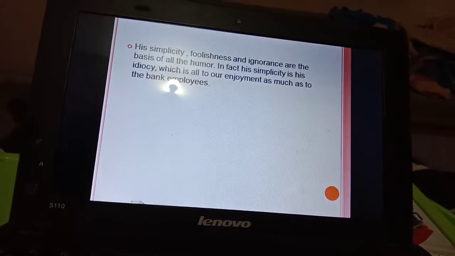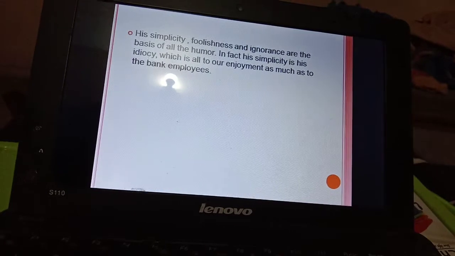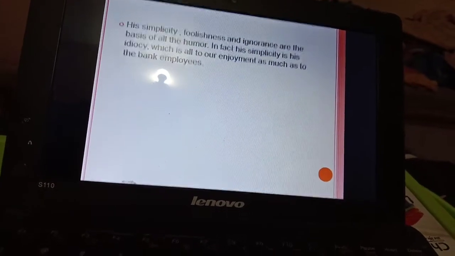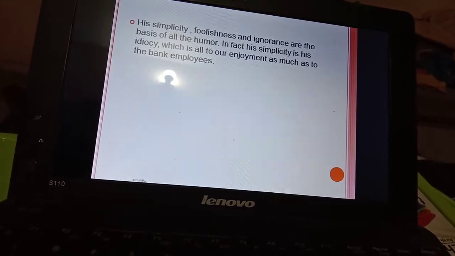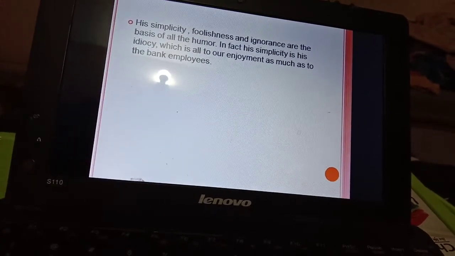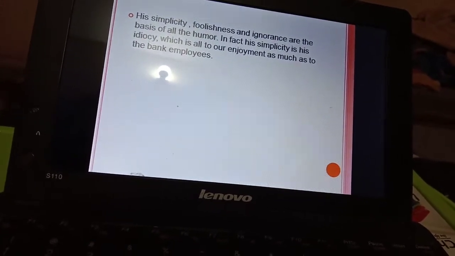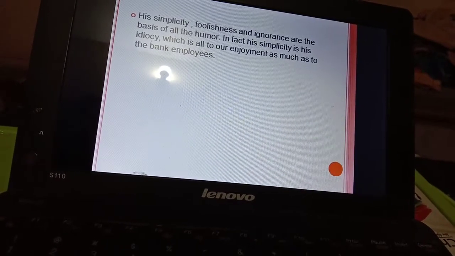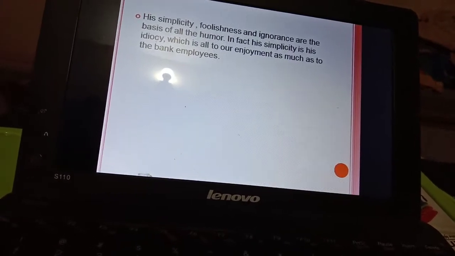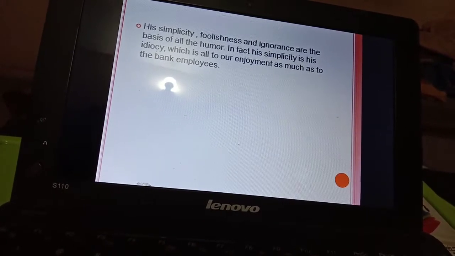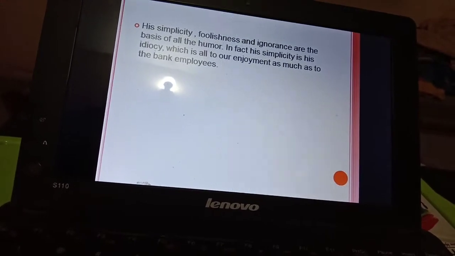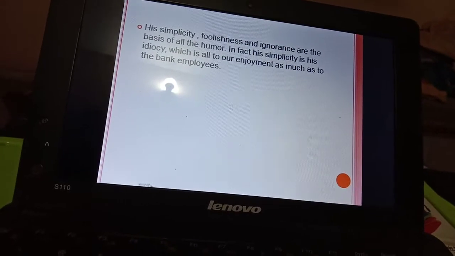Basically, his simplicity, foolishness, and ignorance are the basis of all the humor. In fact, his simplicity is his idiocy, which adds to our enjoyment as much as to the bank employees'. Actually, it was all full of humor and ironical drama.